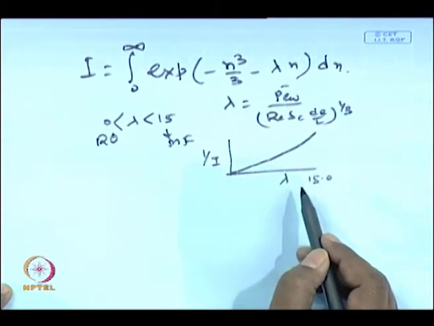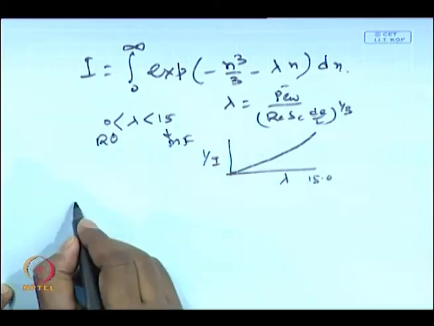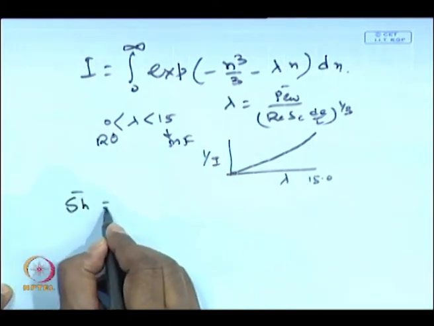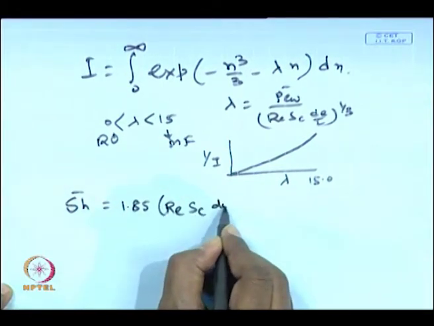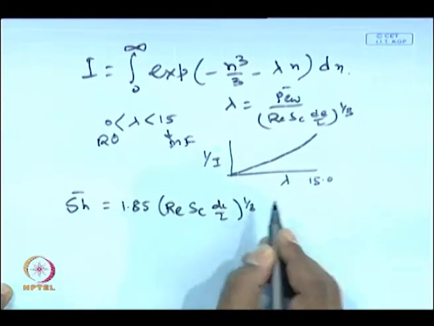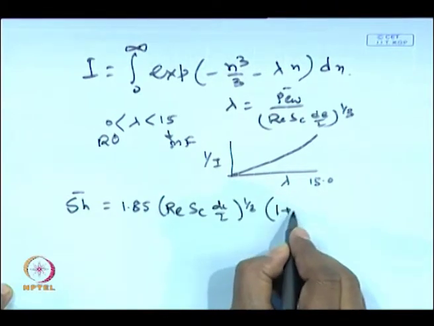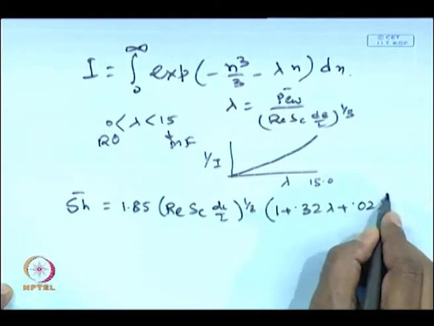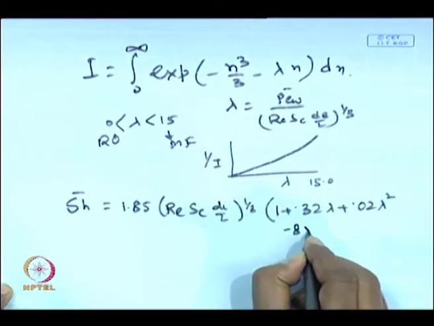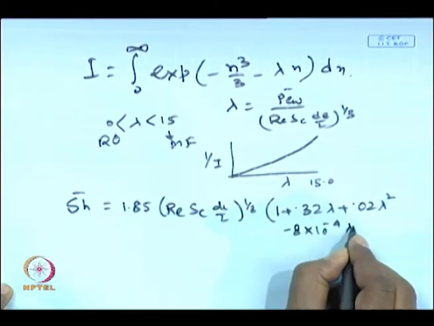If you do that and substitute in the governing equation, the Sherwood number expression becomes 1.85 (Reynolds Schmidt d by L) raised to the power 1 upon 3 times (1 plus 0.32 lambda plus 0.02 lambda square minus 8 into 10 to the power minus 4 lambda cube).